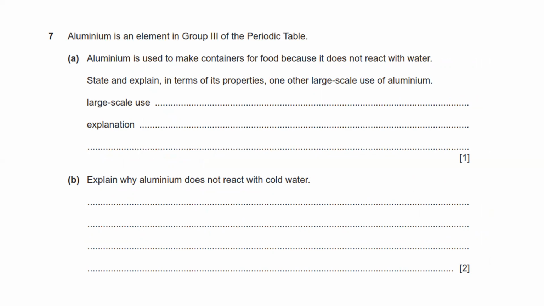So other large scale uses of aluminum: transmission line cables, so cables, wires. You can also write aircraft, cars, etc. For wires, this is because of good electrical conductor.